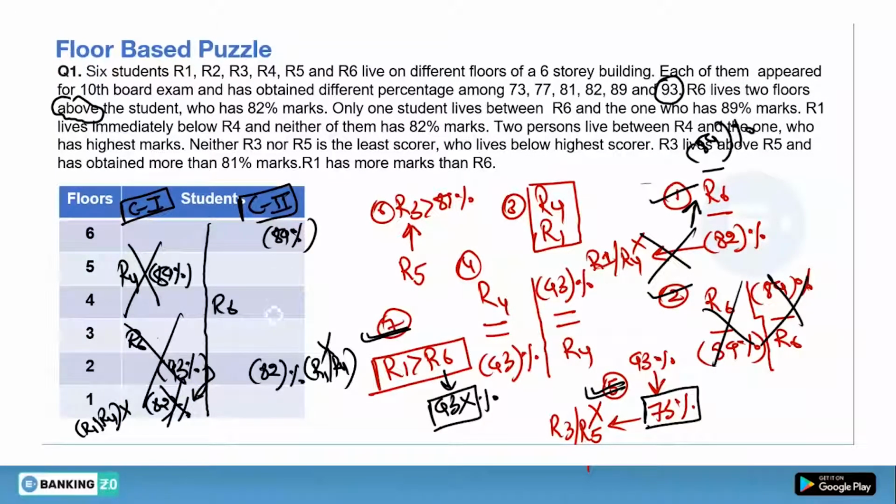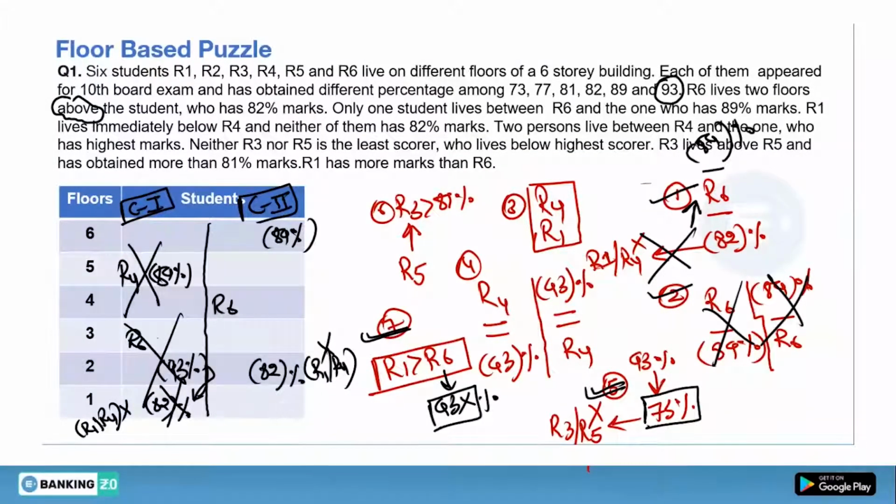Now in case number 2, 93 can come here, and R4 can go there because there is a gap of 2 floors between them, or I can put 93 here and R4 can come here, but it is not possible because R1 and R4 are blocked on 82%. 93 also is not possible on floor number 1, because below 93 there must be the student who has secured 73% mark.